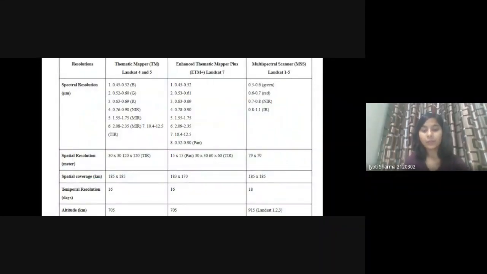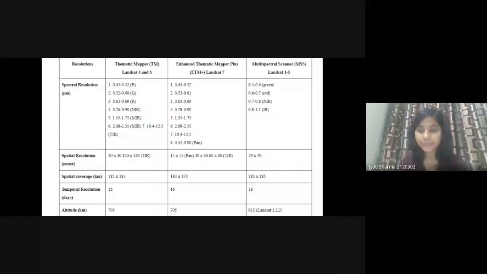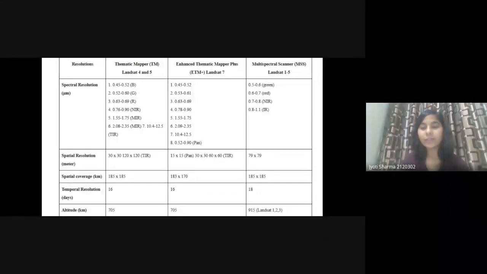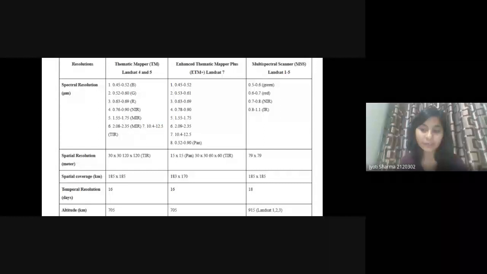Okay, so whenever you want to download some satellite data, you have some kind of websites. One is Earth Explorer or USGS, in which you have different satellites, and different satellites may have different types of resolution.